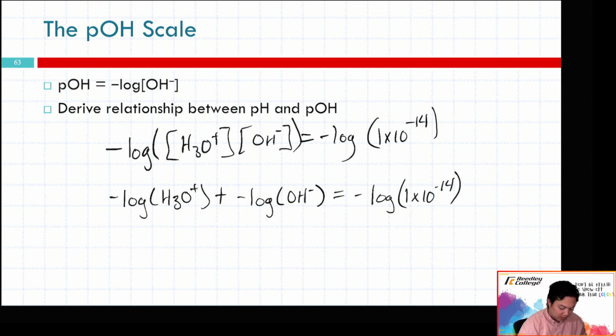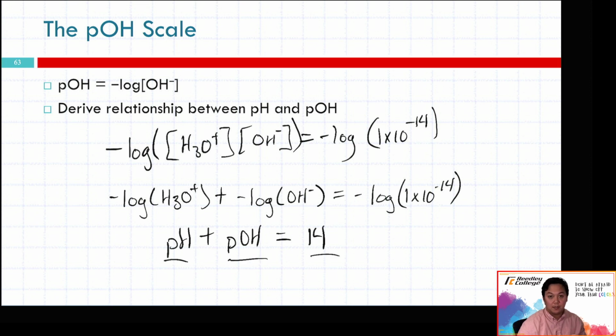Now we know the negative log of H3O plus is just pH, plus the negative log of OH is pOH, and the negative log of 1 times 10 to the negative 14 is just 14. So pH plus pOH always equals 14.